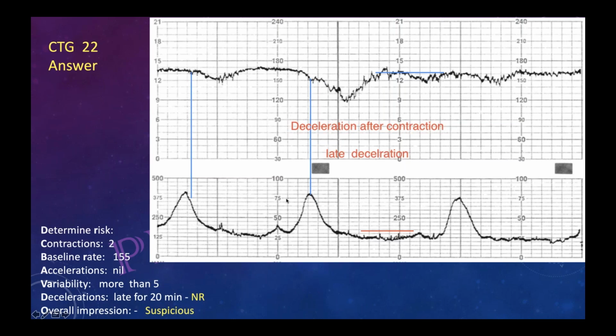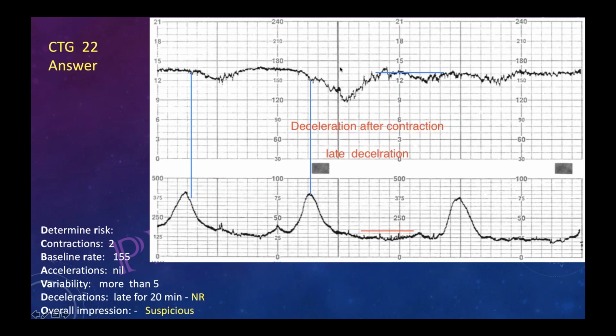Okay, so we will calculate the duration from the baseline from where it has dipped, right, ma'am? So here the baseline is around 160. Yeah, from the baseline we are calculating the start of the deceleration. So that makes it around 3.5 minutes actually.